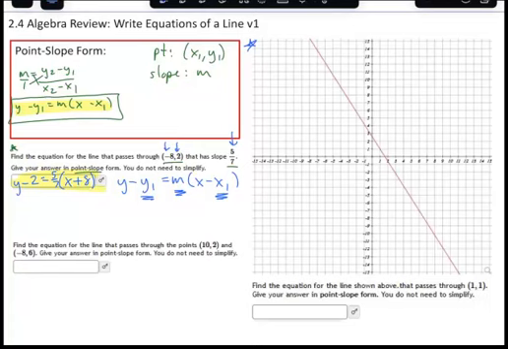Try to count as many instances of the rise and run of the slope as you can, to verify that each time it's landing right on the intersections of grid marks. Okay, just by looking at this problem, we have our x and we have our y. So we can use point slope form: y minus our y value 1 equals, I'm going to leave a space for my slope, times x minus our x value of 1.